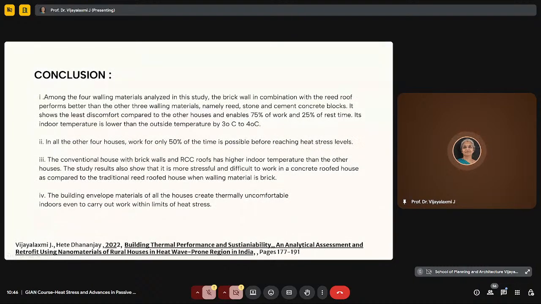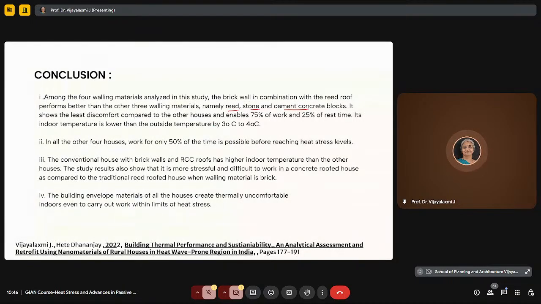So, among the 4 walling materials analyzed in this study, brick wall in combination with reed roof performs better than the other 3 walling materials, which are reed, stone, and cement concrete blocks.